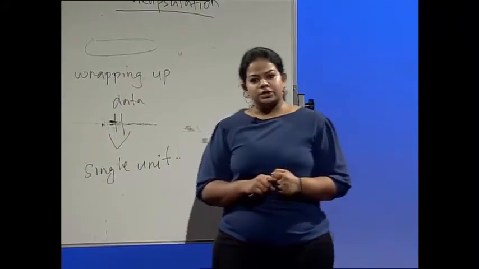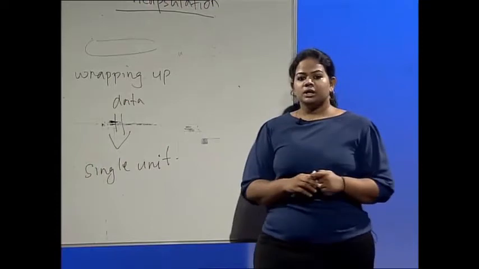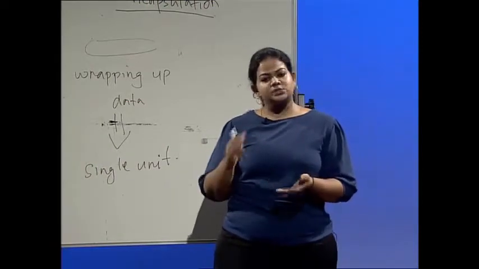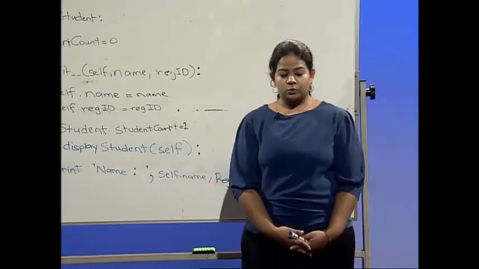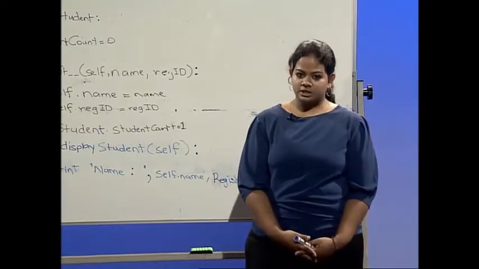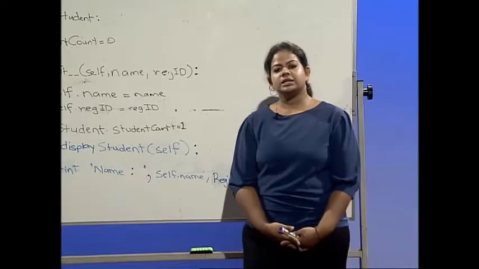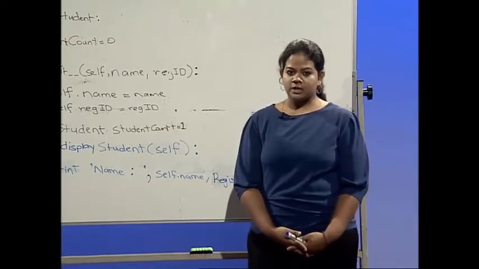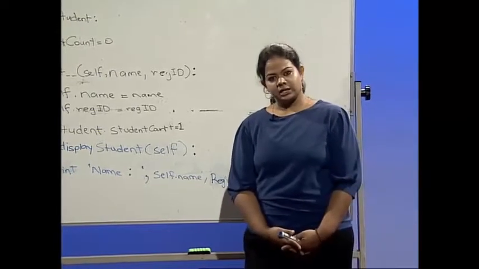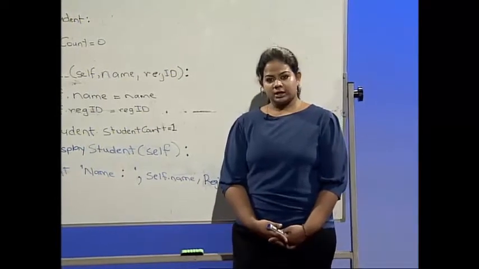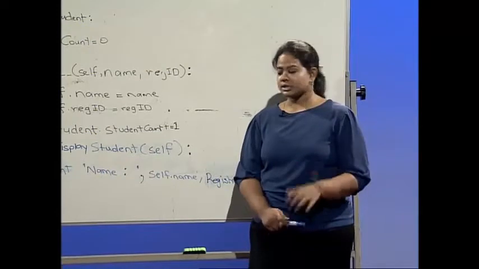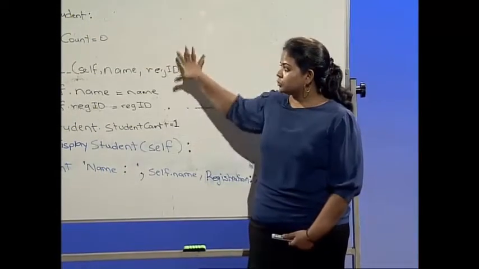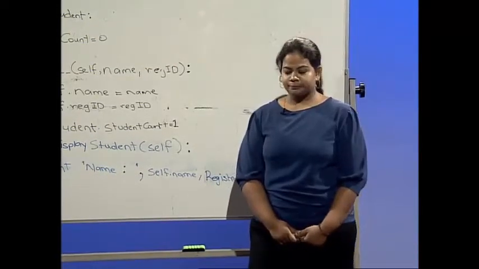Now let's look into how we can achieve this, at least part of it, in Python program. So far, we looked into the object-oriented concepts such as inheritance, polymorphism, abstraction, and encapsulation. Today, we are going to look into how, at least part of it, we can apply it to the Python program.